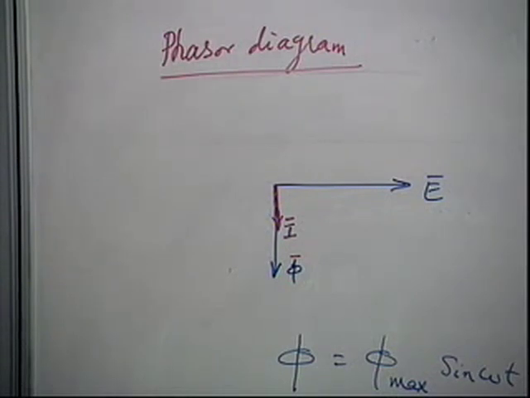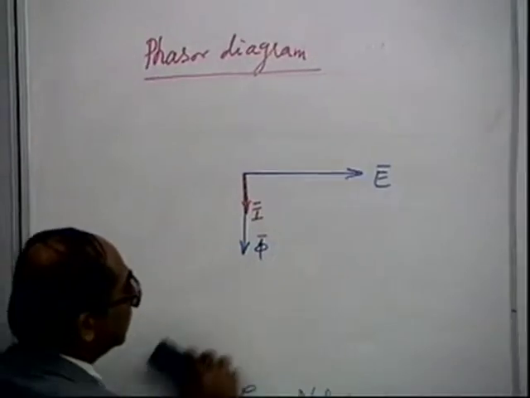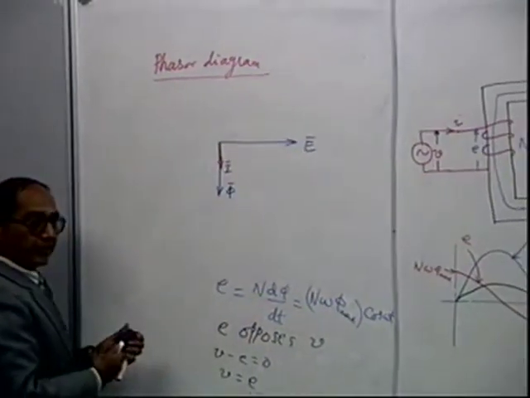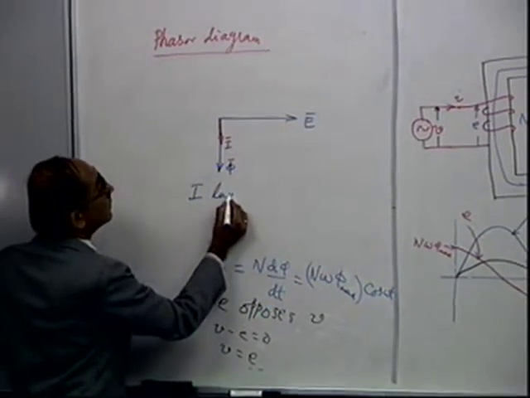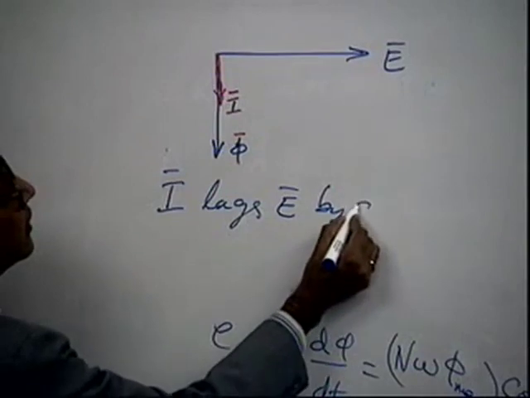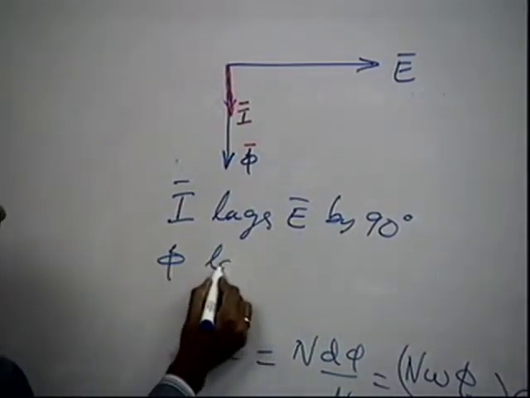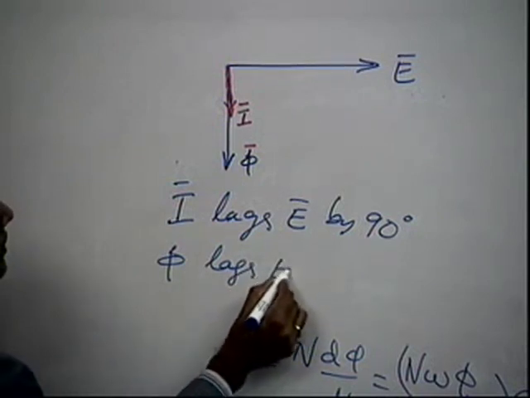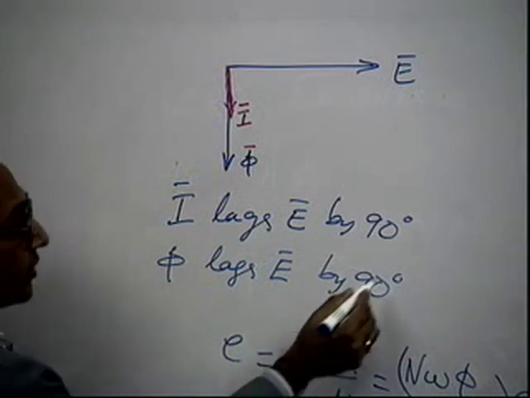So you notice the following. What do you notice here? So I lags E by 90 degrees, or phi lags E by 90 degrees.